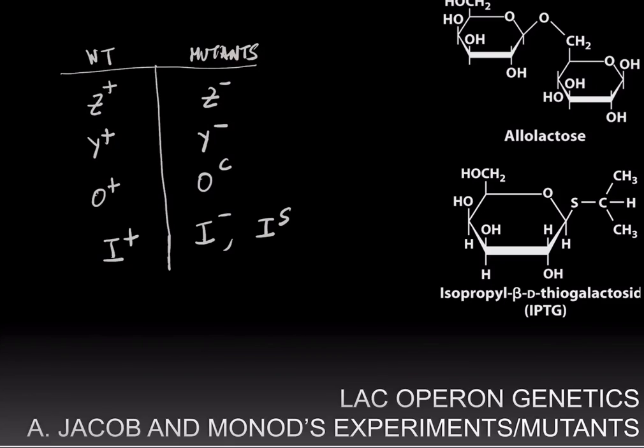A second thing worth mentioning is, along with these mutant strains, how did Jacob and Monod induce Lac Operon expression?